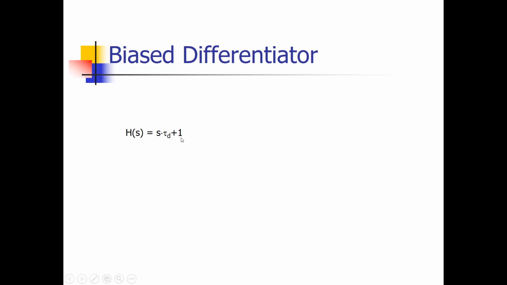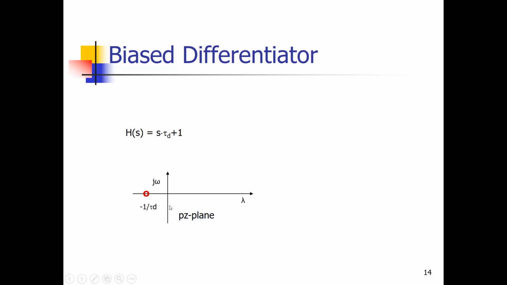And in the denominator, there's no expression with s, so there's no pole. So the zero can be calculated by setting s times tau d plus 1 to 0, which yields s is minus 1 over tau d. So we have a zero over here on the negative real axis in the s plane, in the PZ plot.